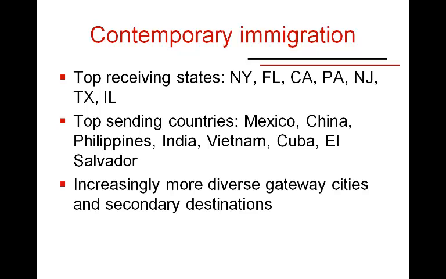An important contemporary feature of immigration is increasingly more diverse gateway cities, meaning destination points where immigrants enter cities outside of the traditional gateways, so secondary cities elsewhere in the country. You also see more secondary destinations with high concentrations of first and second generation immigrants who did not enter into that state, but subsequently moved to it after being in an original destination state for some time.